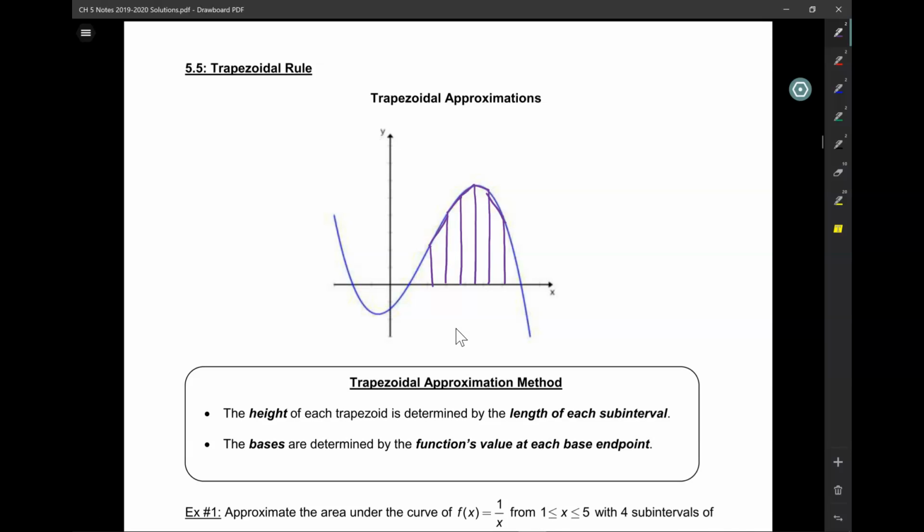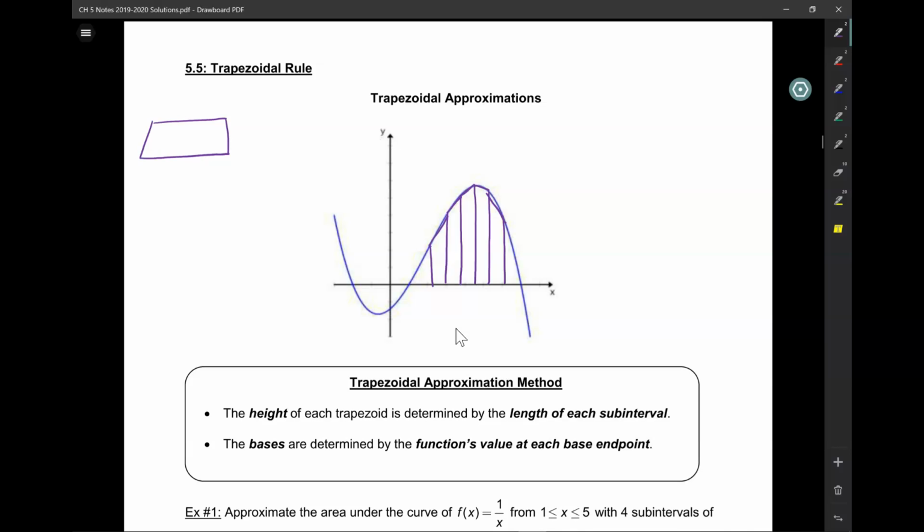Here's how we're going to, so let's review trapezoids a little bit. We are used to seeing trapezoids like this. So first of all, let me draw it this way. This is a trapezoid, right? This is an isosceles trapezoid. This is also a trapezoid. Okay? A trapezoid is defined as a shape that has exactly two parallel sides.